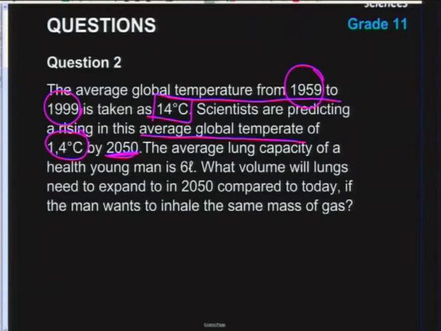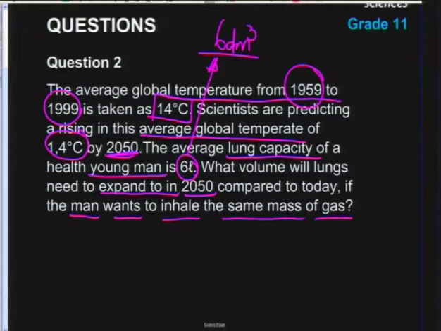Now, the average lung capacity of a healthy young man is 6 liters. Now, liters are the same as cubic decimeters, so you can say this is 6 cubic decimeters. What volume will the lungs need to expand to in 2050 compared to today if the man wants to inhale the same mass of gas?